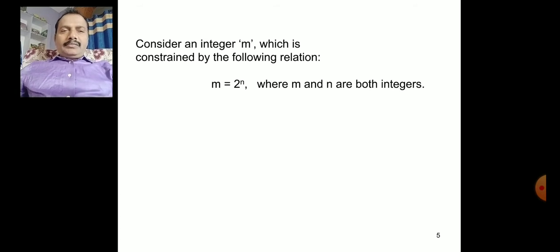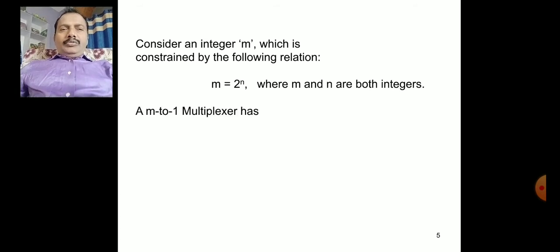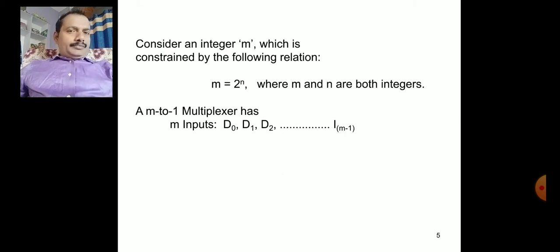Then an m to 1 multiplexer has m inputs, that is D0, D1, D2 and so on up to Dm minus 1. These are the inputs of the multiplexer, m inputs, and only one output. The multiplexer output is always 1, that's all.